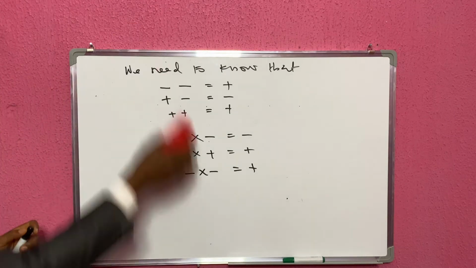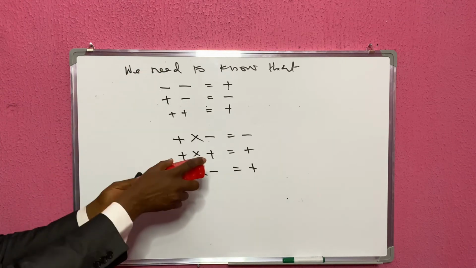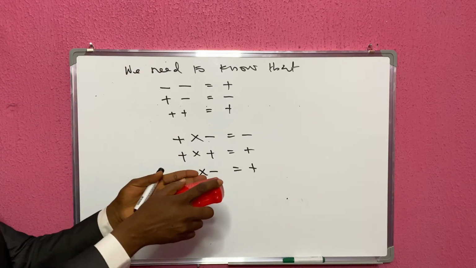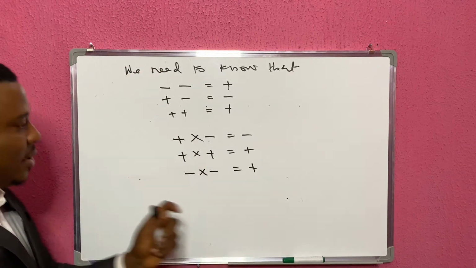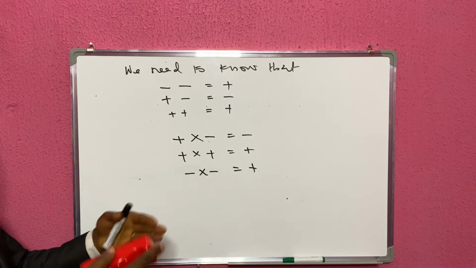Now, having known this, these are the basics we need to know to help us solve mathematics questions as we move further. Because if I jump this, we'll definitely not follow.